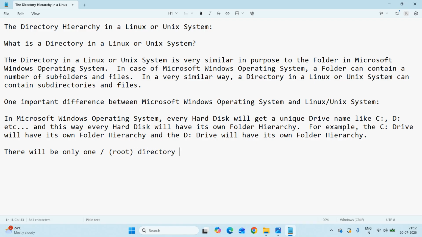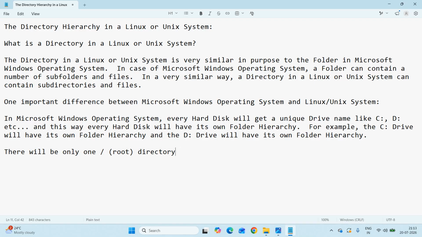The root directory is indicated with a forward slash, people. In Linux and Unix systems, the directory hierarchy will start from the root directory onwards, and there will be only one root directory in a Linux or Unix system.